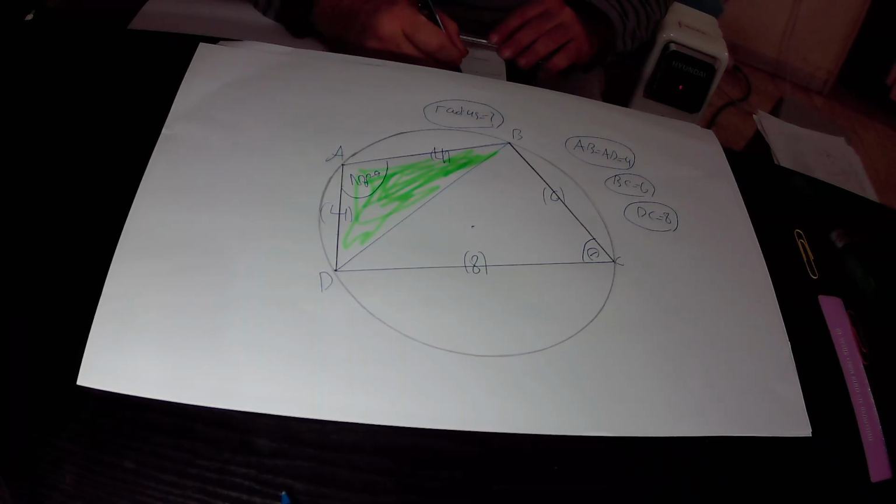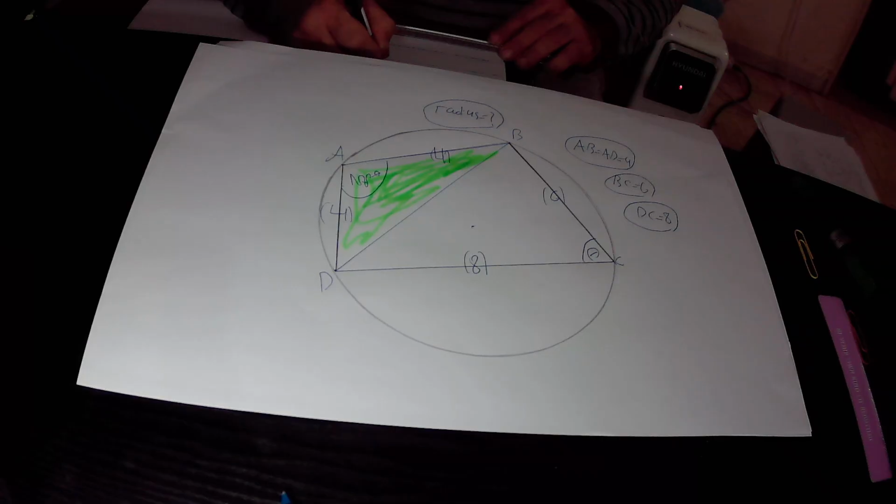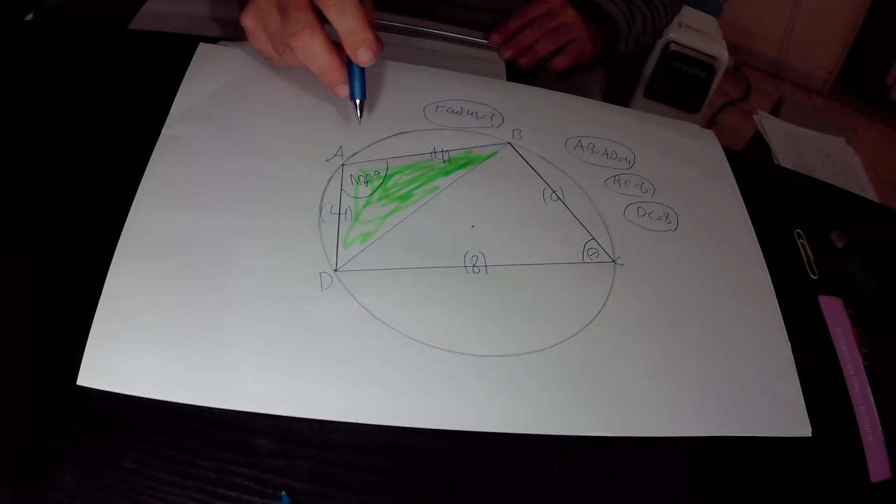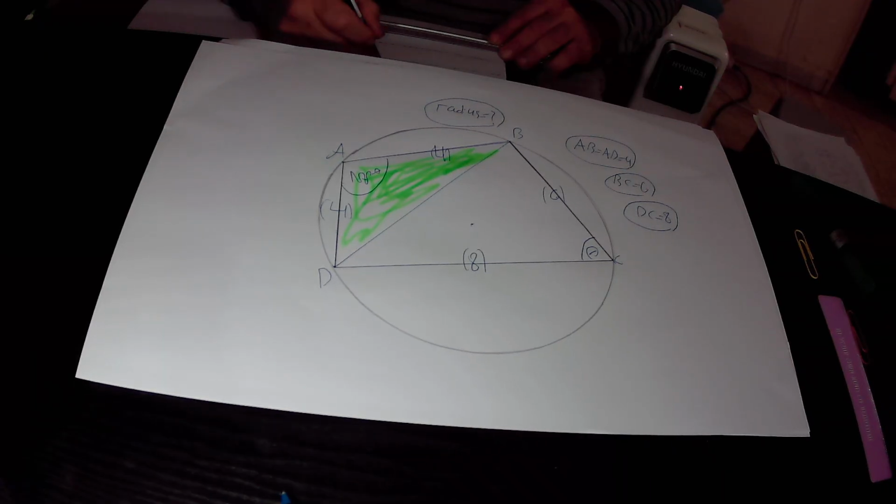BD squared equals AB squared plus AD squared minus 2 times AB times AD times cosine 180 degrees minus theta.